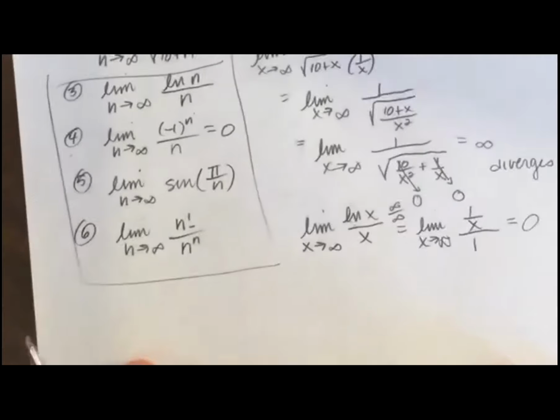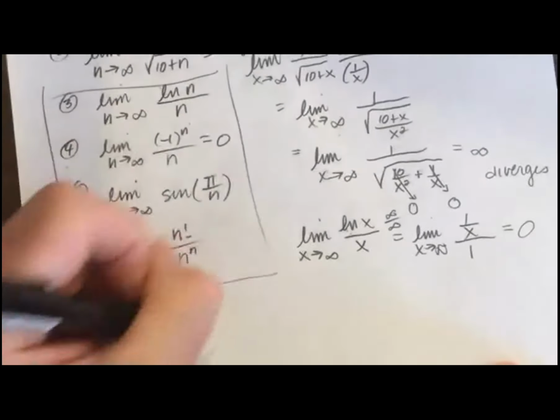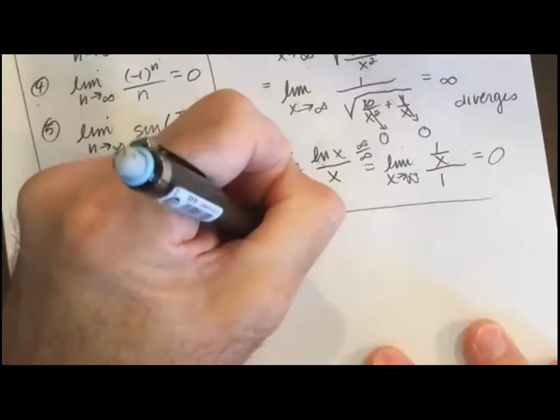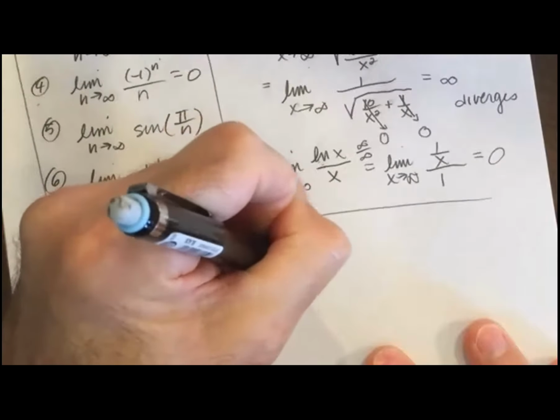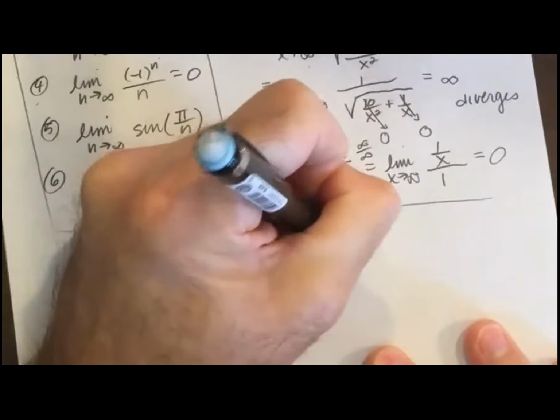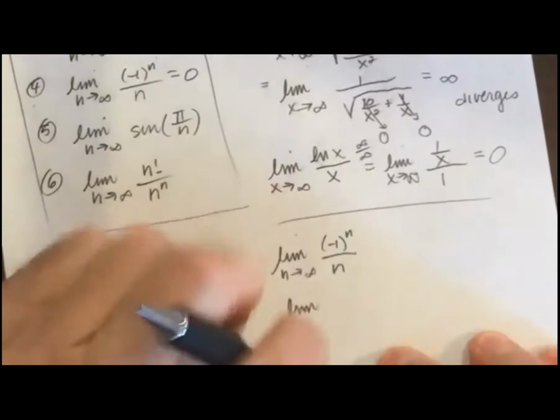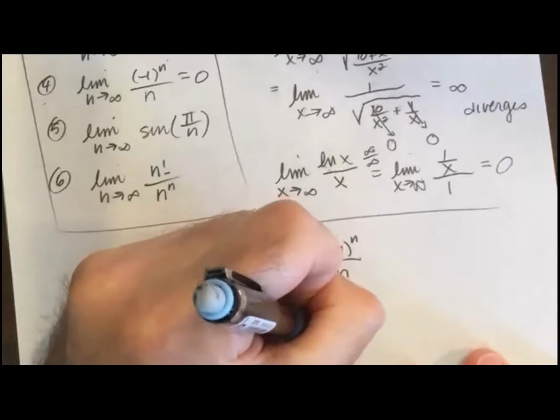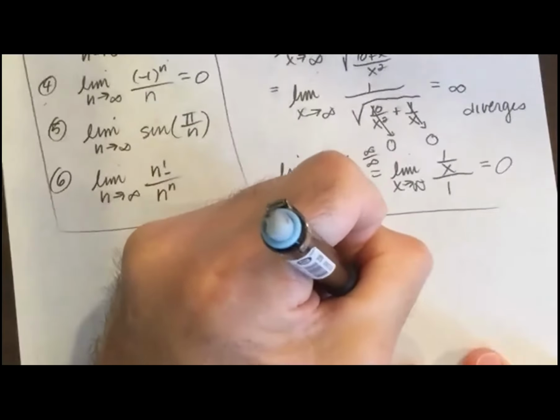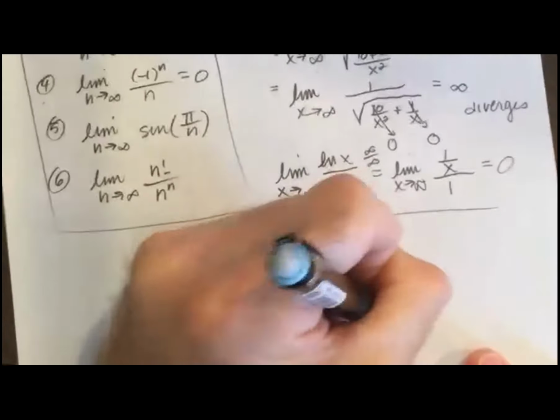I might suggest that this function, I'm going to write it down here again, that the limit as n goes to infinity of -1 to the n over n is related to the limit as n goes to infinity of the absolute value of -1 to the n over n.